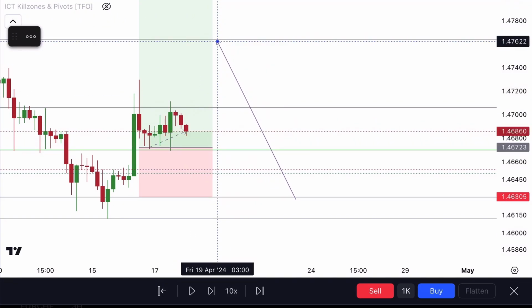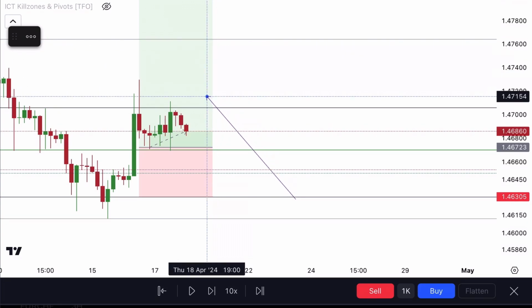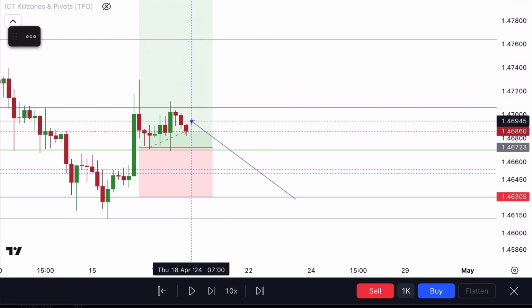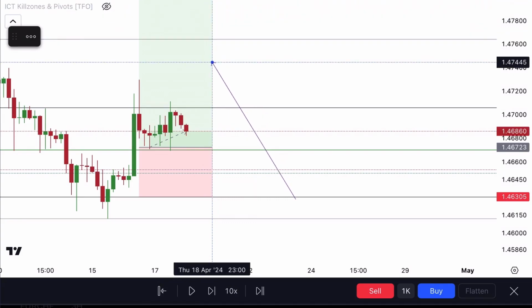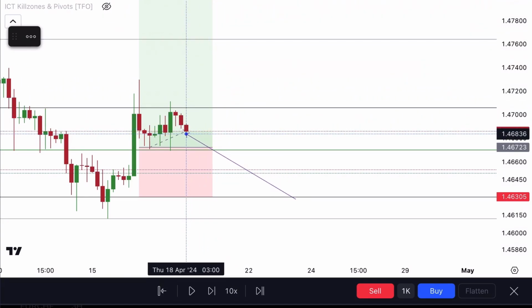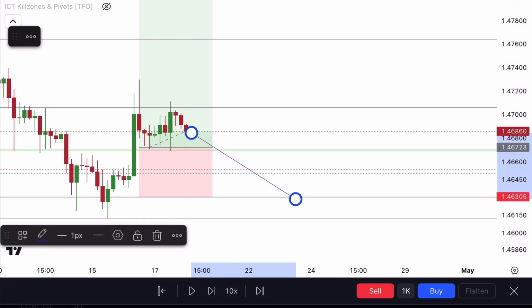So I was thinking, how big is the chance that price is still going to go from here all the way to my TP? And it was already Thursday night. So that was the reason I put my stop loss to break even.